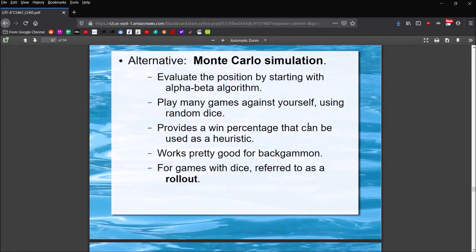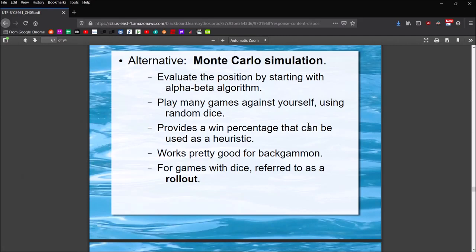So what's an alternative? An alternative is the so-called Monte Carlo simulation the textbook talks about. What this has to do with is how you evaluate positions. You can come up with a scoring system like we've talked about before, but another way to come up with a scoring system, how you value positions, is essentially starting with that alpha beta algorithm.